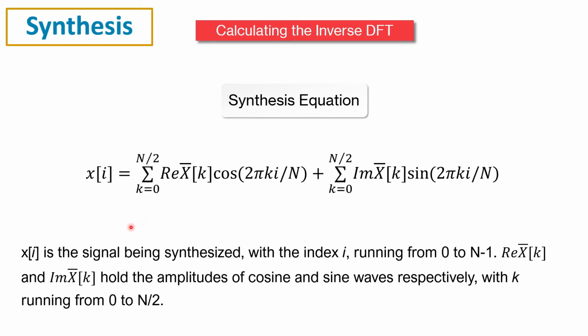In this part, this is the amplitude of the cosine wave and this is the amplitude of the sine wave. These are the basis functions. Cos 2 pi ki over n is one basis function and sine 2 pi ki over n is another basis function. These are two basis functions, represented with ci and si.